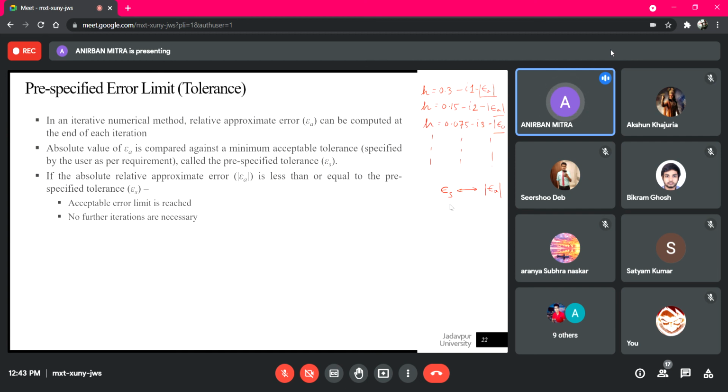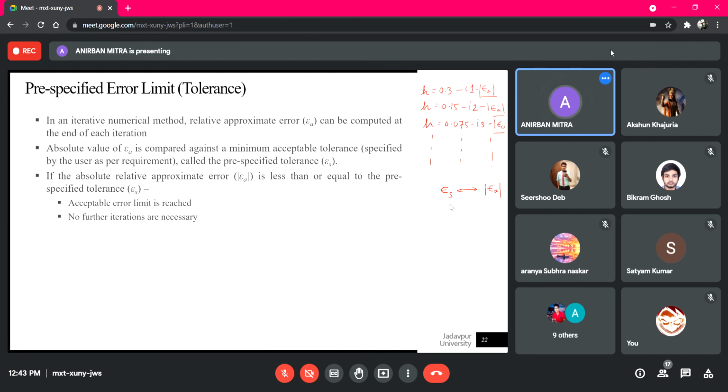Remember that at the beginning we posed a question: how large an error is considered large, or how small an error needs to be to be considered small? This is the answer. We specify an error limit, also called tolerance, and at the end of each iteration we compare the evaluated approximate error against that pre-specified limit.